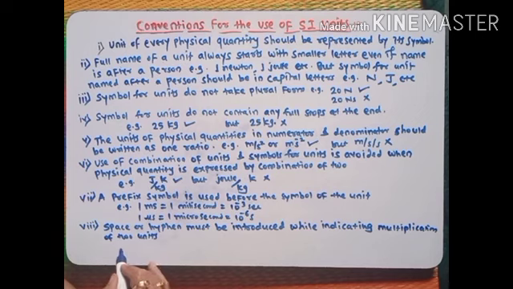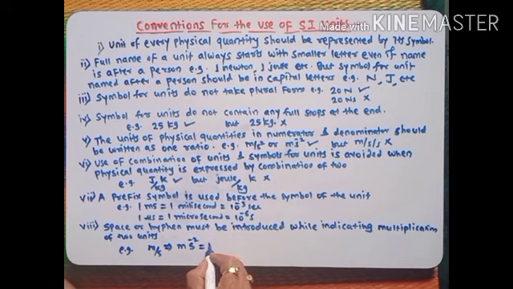For example, we write meter per second square as m s raised to minus 2, and not like this, ms minus 2. That means here there must be a hyphen or space in between two units, like this.